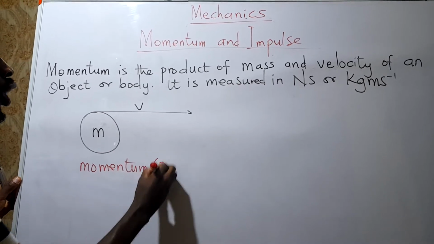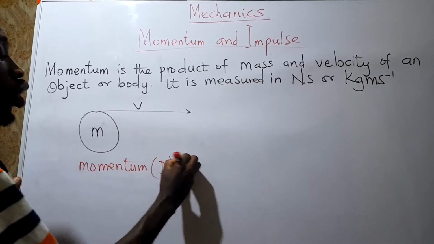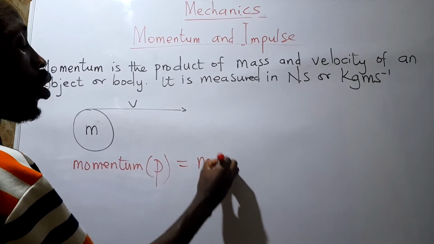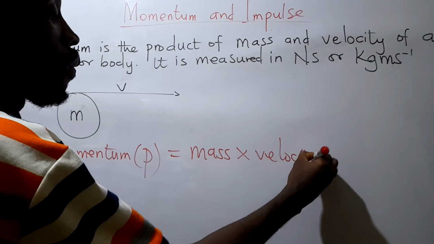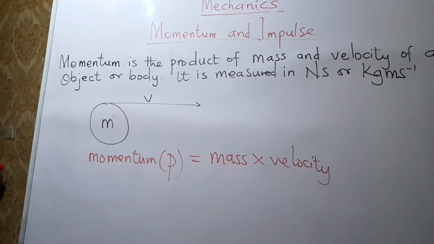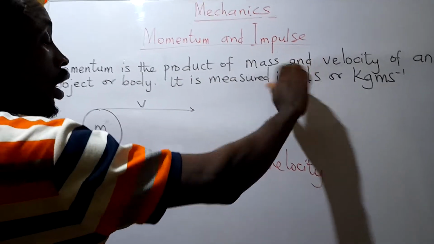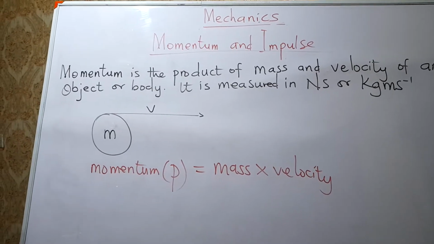The momentum of this ball is equal to the mass of the ball times its velocity. So we say momentum is the product of the mass and the velocity of an object.